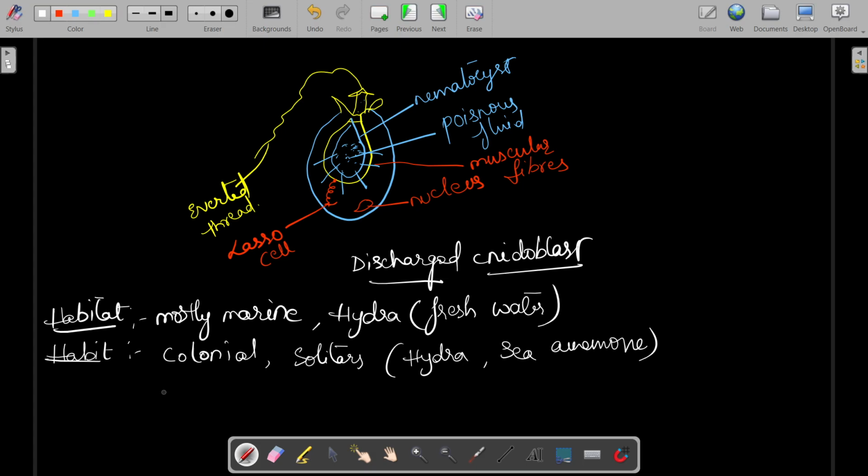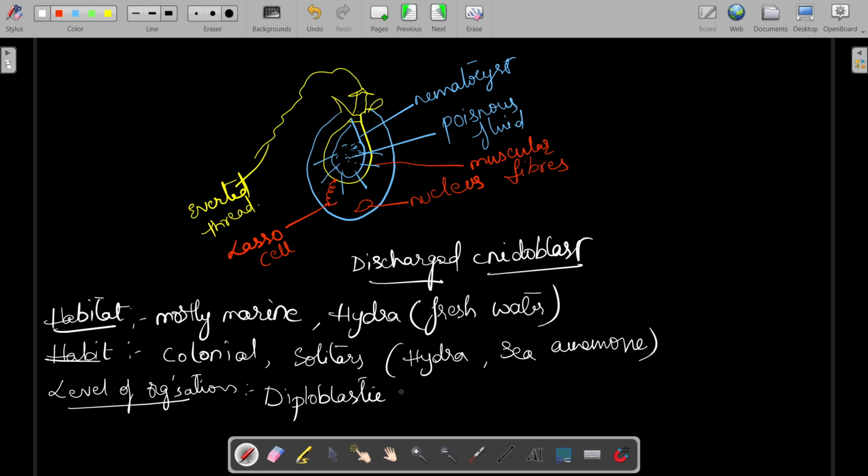Next, levels of organization. These are tissue organized cells. These show diploblastic nature.